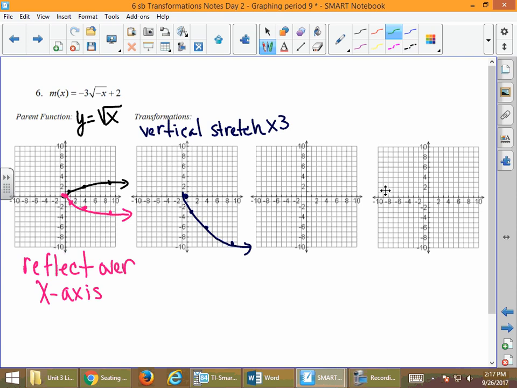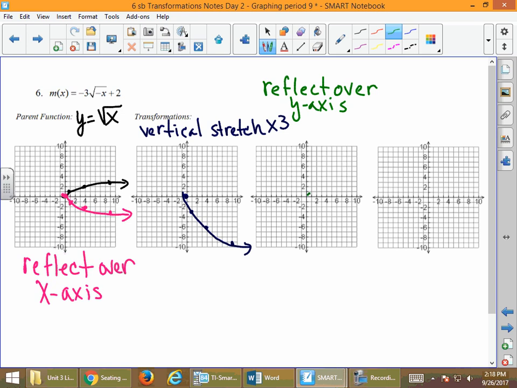Because I read the graph left to right, there is a negative underneath the square root. Well, a negative inside, I should say better, inside the function means that we're going to have to reflect over the y-axis. We've already reflected over the x, so now we're going to take that graph and we're going to reflect it over the y.